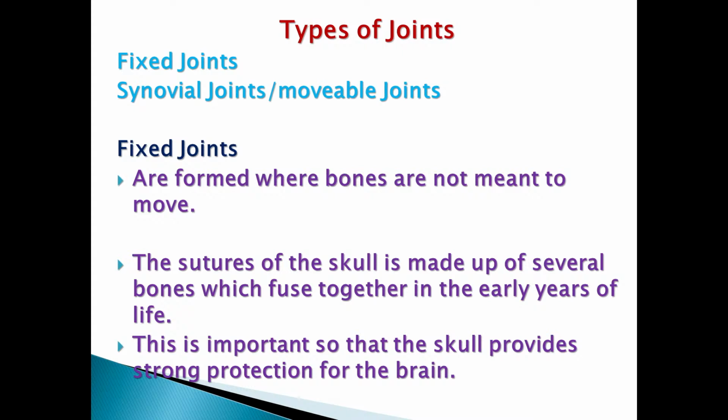So as for fixed joints, they are saying they are formed where bones are not meant to move. Right, so like the brain now, the bones that protect or surround the brain, the brain is not meant to actually move around.